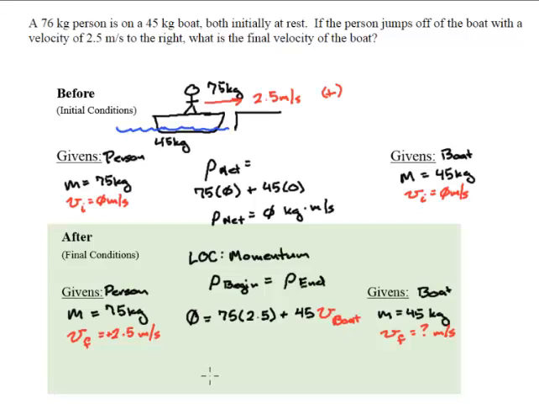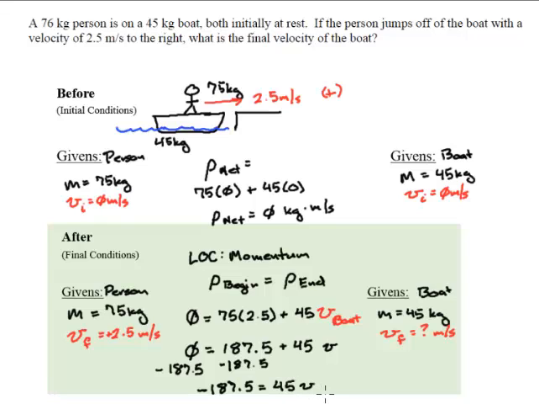If I simplify this, I find that 0 equals 187.5 plus 45 times the velocity of the boat. I'm going to subtract 187.5 from the right side and subtract 187.5 from the left side, giving me negative 187.5 equals 45 times the velocity.